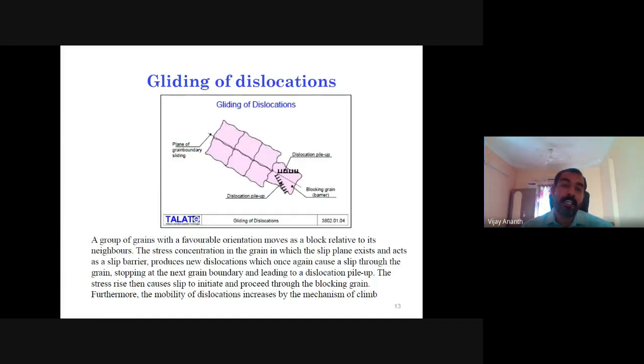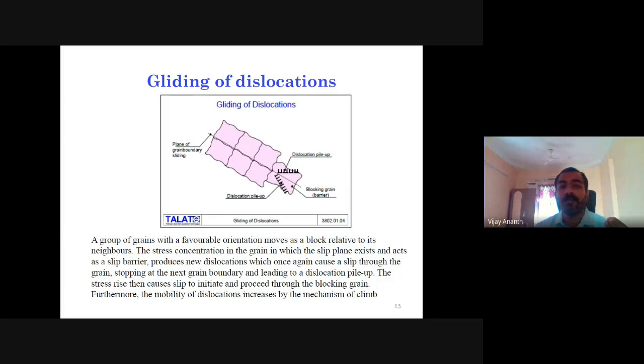The next one is gliding of dislocation. Normally in a grain structure, uniform grains will be there. Sometimes some grains will be sliding one over another. Here some dislocations will take place, so more stresses will be induced on that area, and then the slips take place. Due to the slipping, sometimes cavitations are also formed.